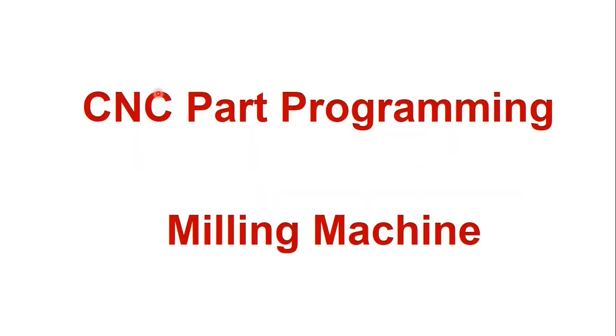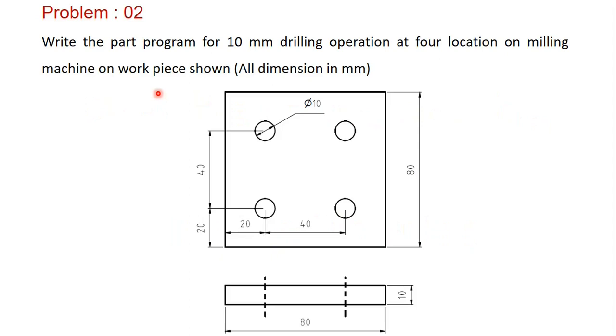So in today's lectures I will be solving one problem, that is on drilling on the milling machine, and then one more problem which will be a milling operation, and then use of IJK commands. So see, this is a simple problem.